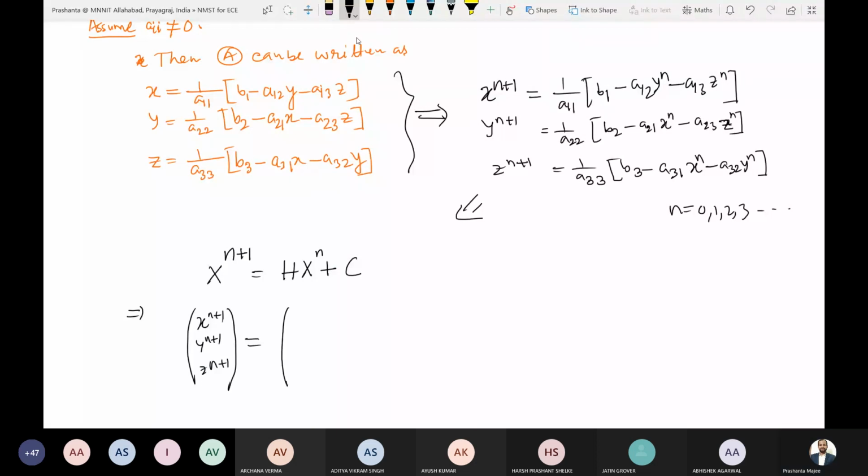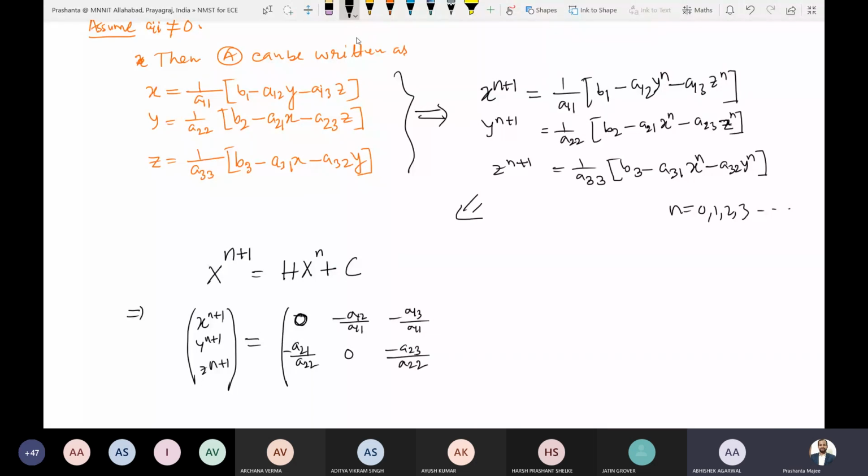H will be, let us start with the first row: 0, minus a12 by a11, minus a13 by a11. Second row will be minus a21 by a22, 0, then minus a23 by a22.